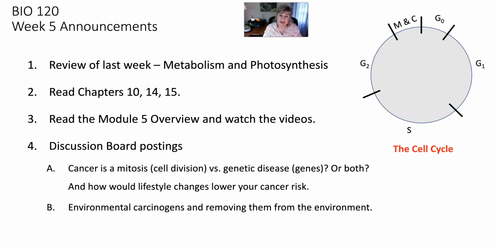But we also covered anaerobic respiration and fermentation, ways that ATP is produced without the use of oxygen. You also learned about photosynthesis, which is a way that some organisms on the planet use sunlight energy to combine carbon dioxide and water molecules to make the sugar glucose, which is the food source for these particular organisms. So that's what you learned about last week.